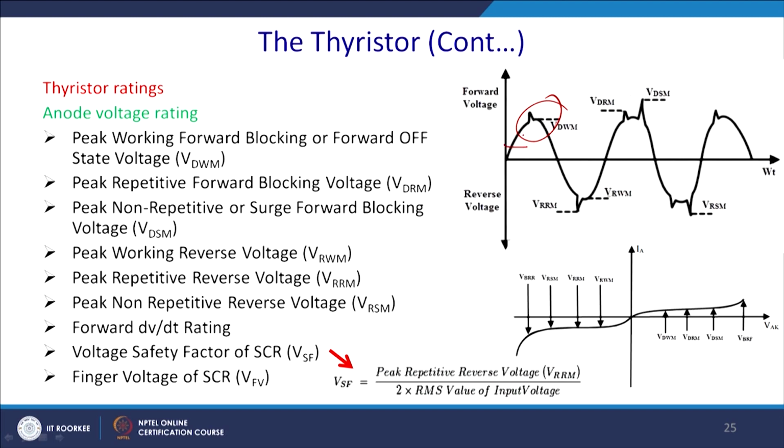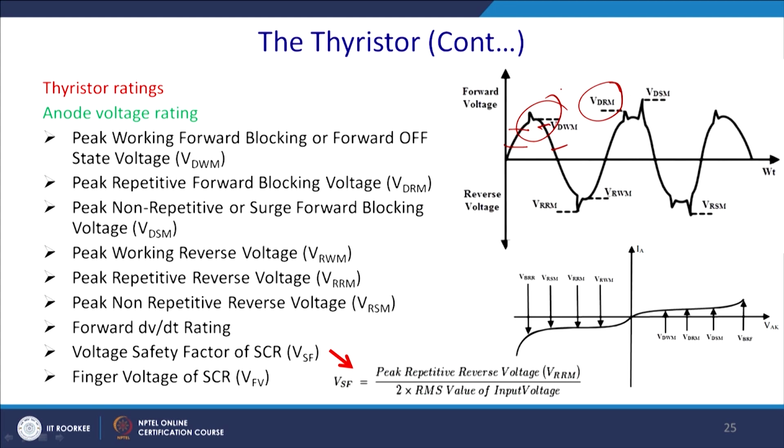You may trigger at this point, this point, or this point, but the device should safely be able to block the value of VDWM, and that value will be prescribed. Then the peak repetitive forward blocking voltage, VDRM, because sometimes we may have a notch, and the notch actually follows. That value will be the peak repetitive forward blocking voltage.